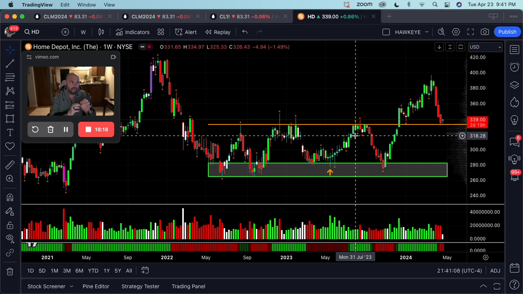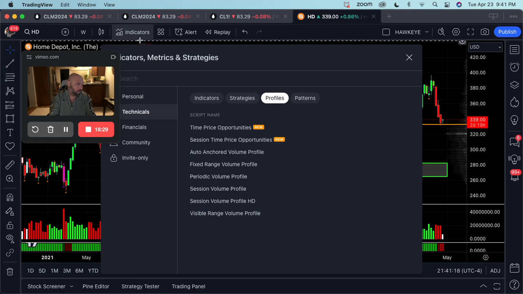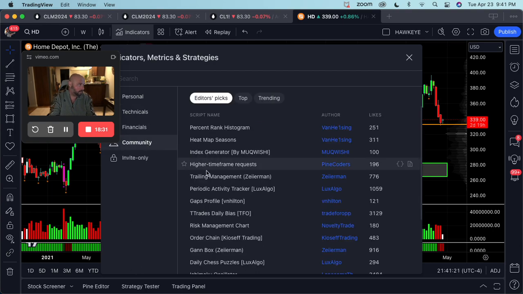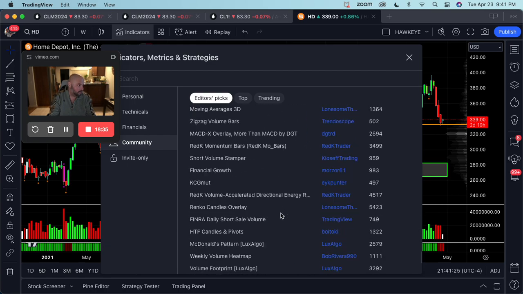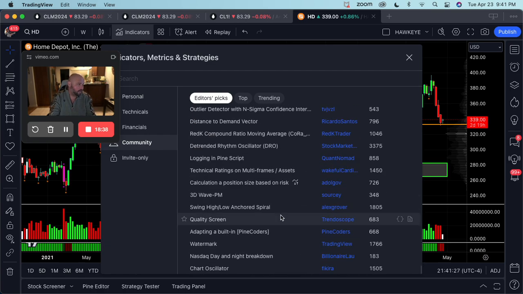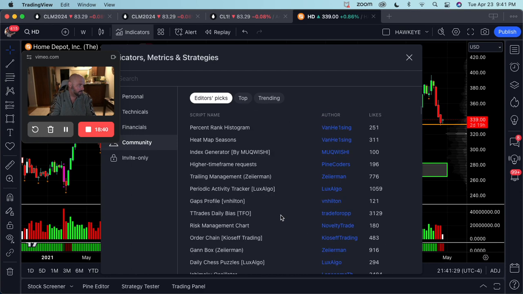More often than not, the most significant key levels are not going to come from some computer-generated program or some computer-generated indicator. Okay? You can go to indicators here on TradingView, and you can go to Community, and there are hundreds, thousands, maybe tens of thousands of all these different things that people have populated.